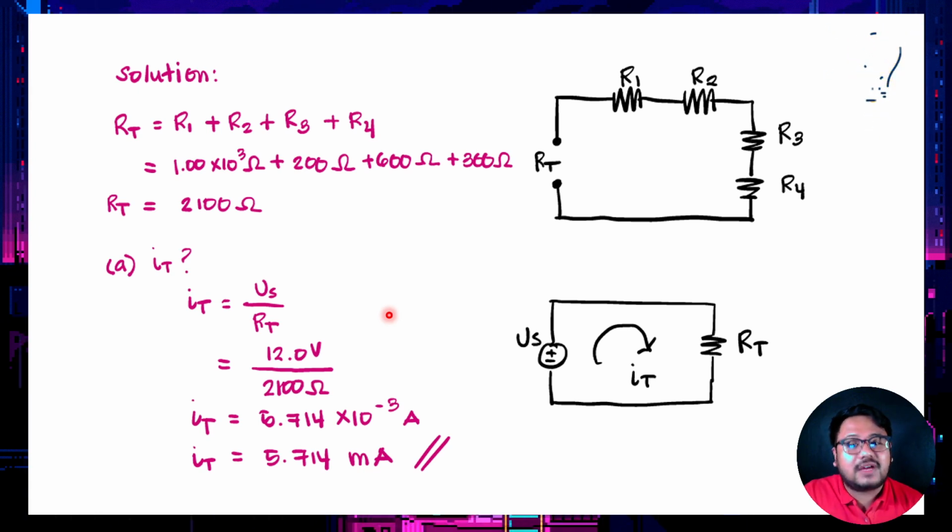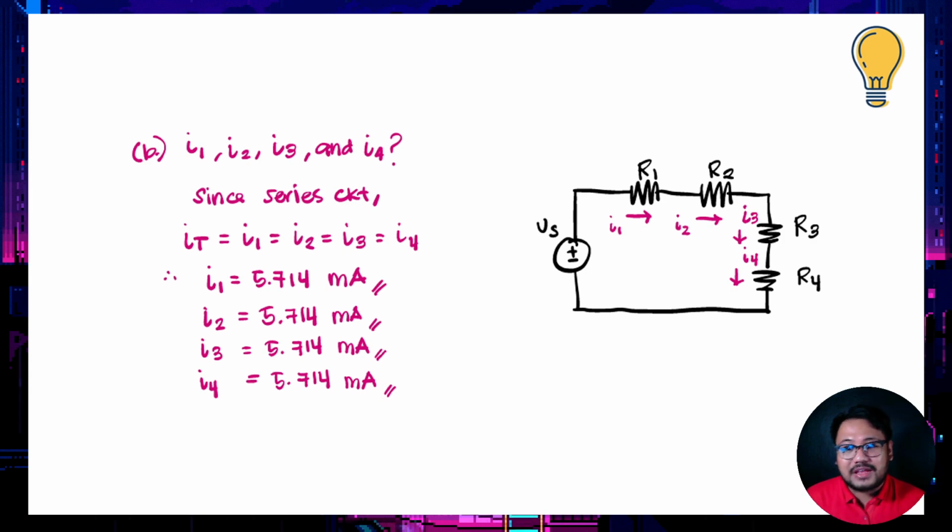We now have a total current of 5.714 times 10 raised to negative 3 amperes. That is very small; times 10 raised to negative 3 is milli. Using unit prefixes, the total current is equal to 5.714 milliamperes. So that is our answer for letter A. Let's have letter B. We are asked about the current.